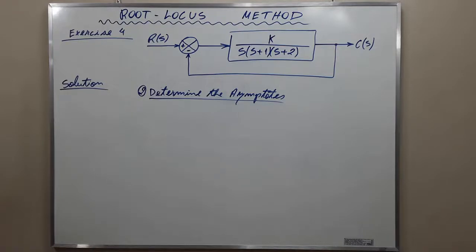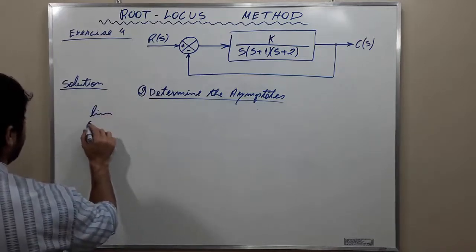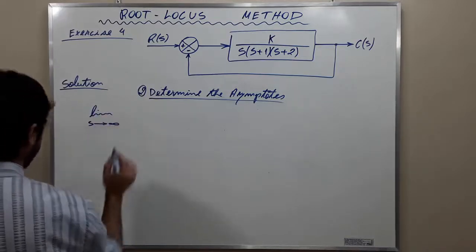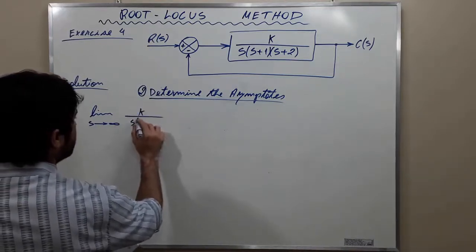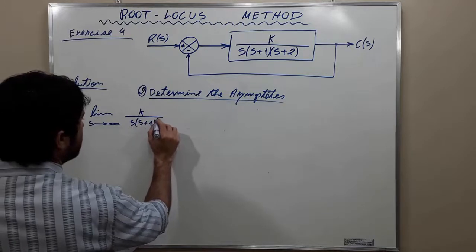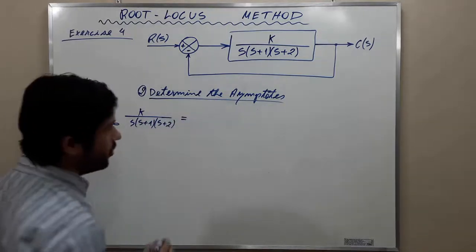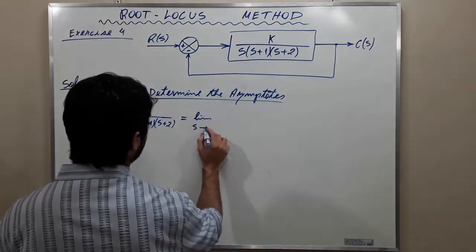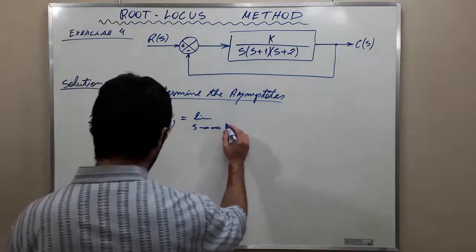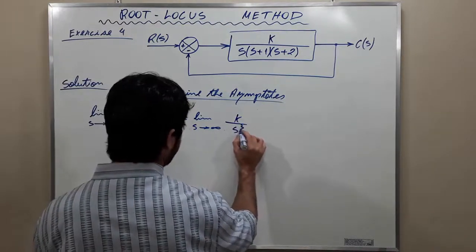We are going to work with the following approximation. The limit of s going to infinity of k over s times s plus 1 times s plus 2 is equal to the limit when s goes to infinity of k over s cubed.